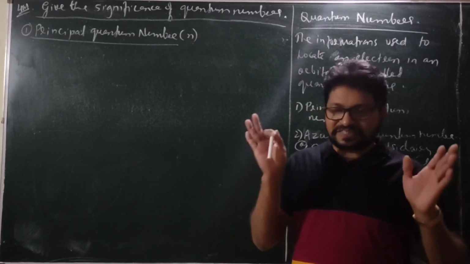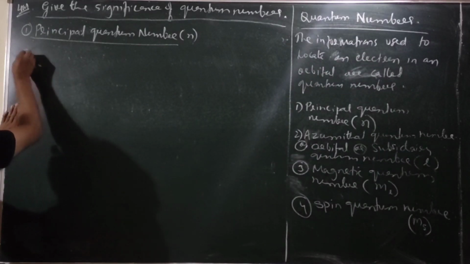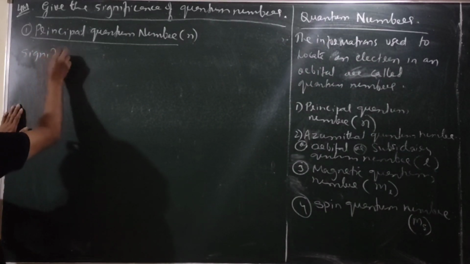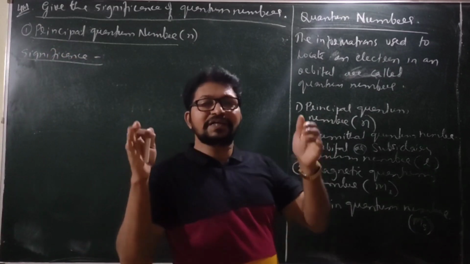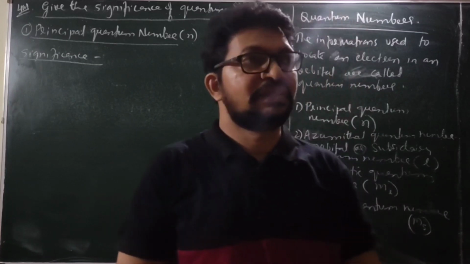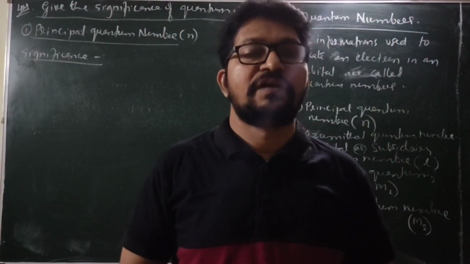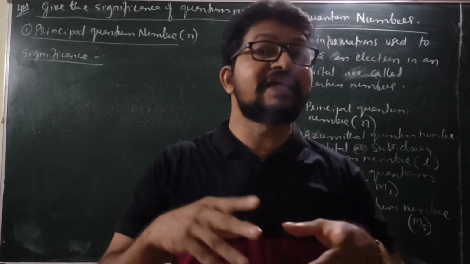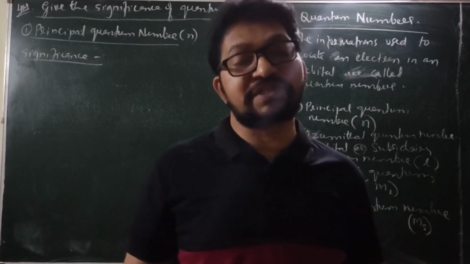See, the principal quantum number gives the Bohr's orbit, or the KLMN shells in which the electron is present.